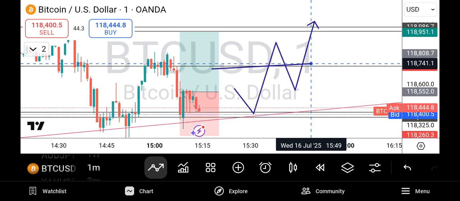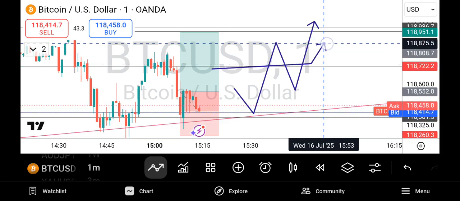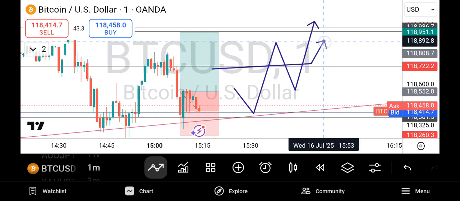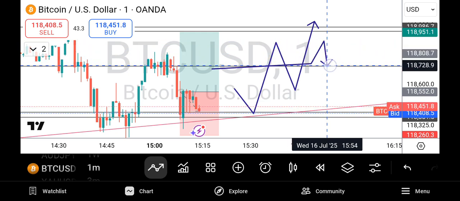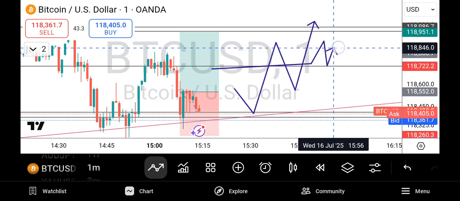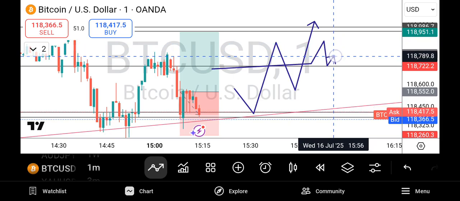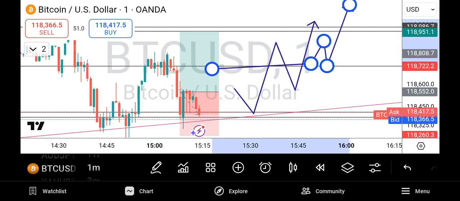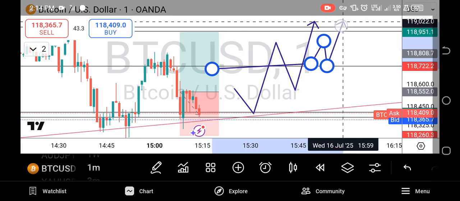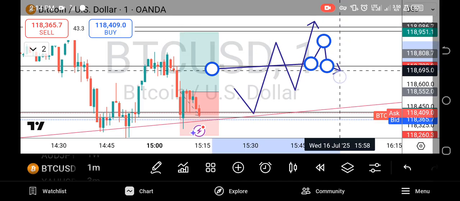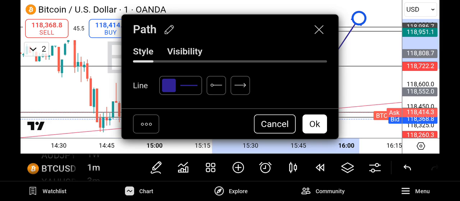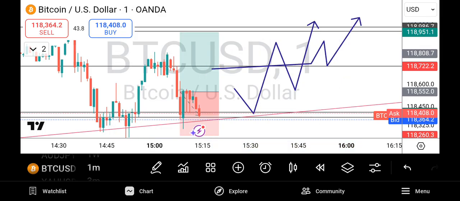Then when I get a pullback to this point, look for a double bottom here, tap in again. Then you look for a candle closure above here. Then you are in for a buy, because now you have a target. Okay. So guys, let's keep watching this.